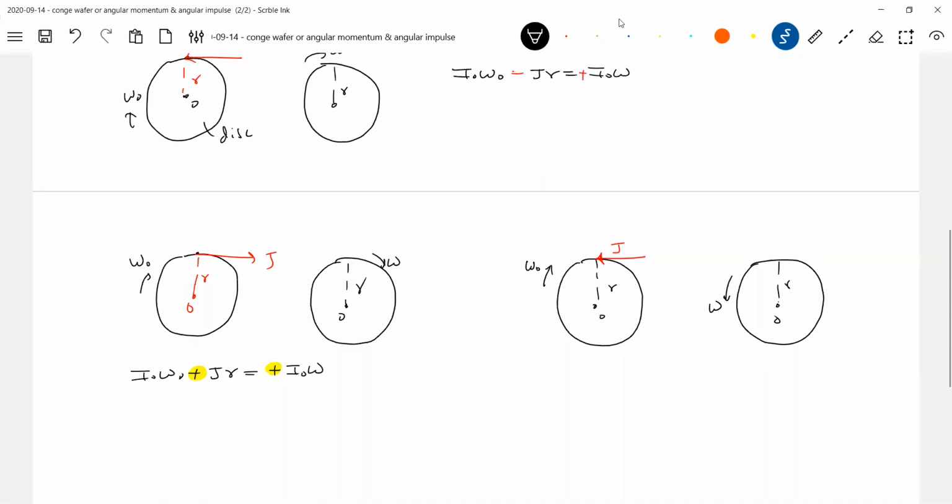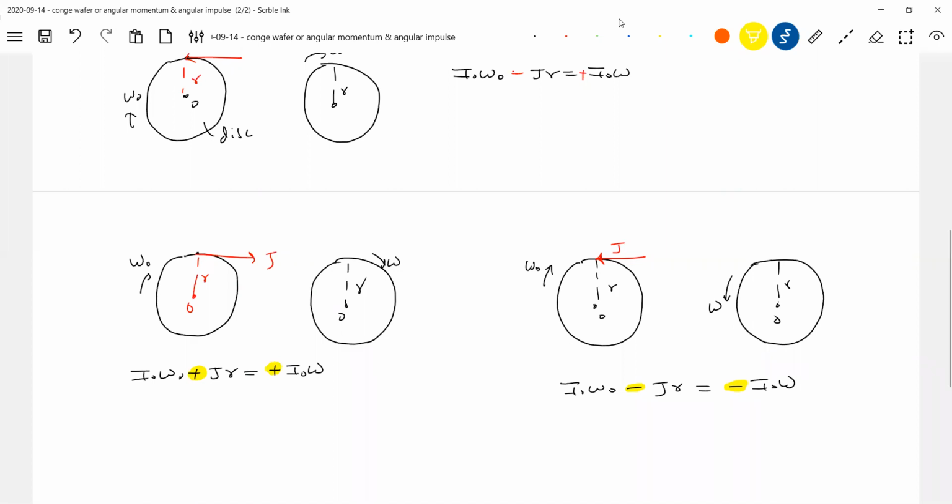What about the initial angular momentum? Clockwise. This will be j into r anti-clockwise minus I naught omega. Final angular velocity is also anti-clockwise. So why negative? The final angular momentum is opposite to the initial angular momentum. Why is this negative? The angular impulse is acting opposite to the initial angular momentum.